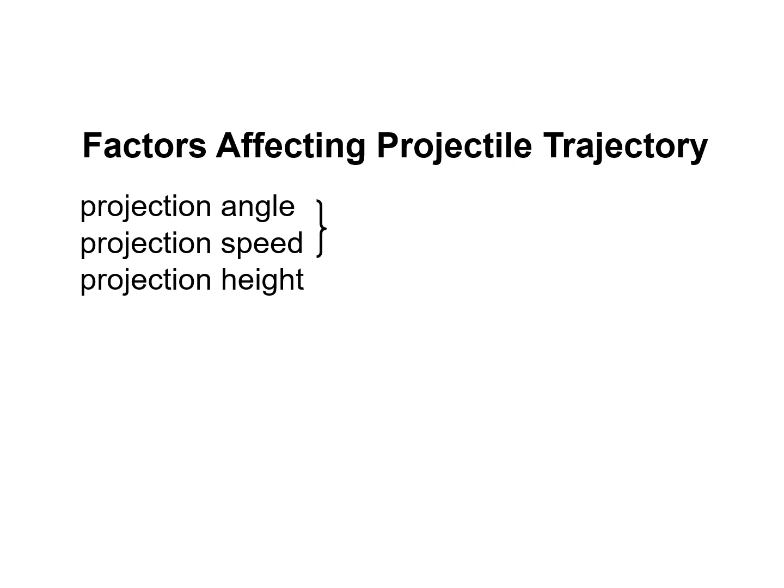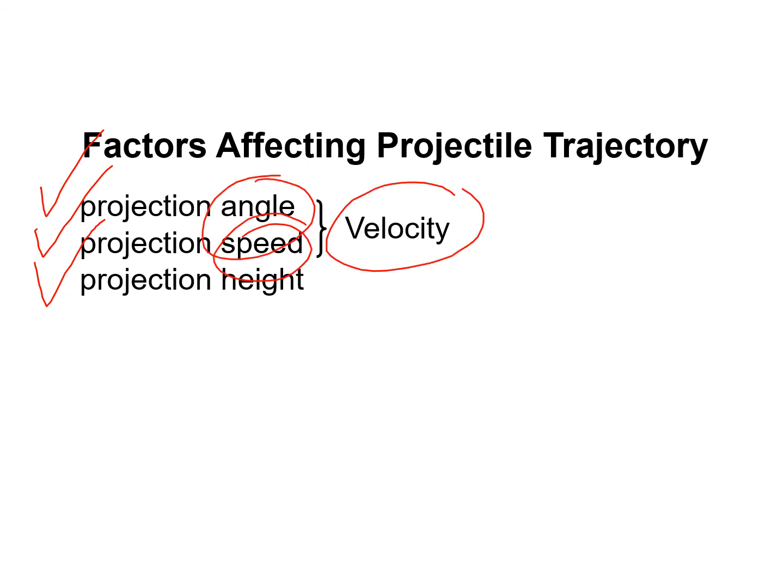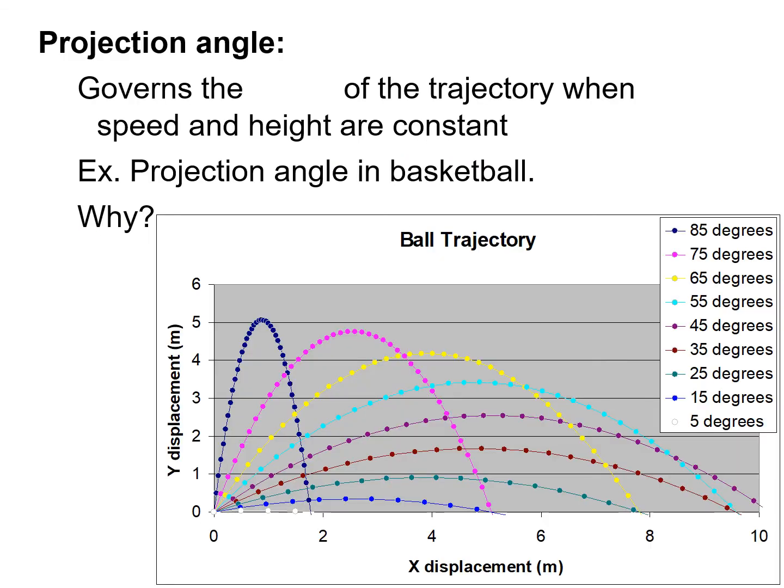So, factors affecting projectile trajectory. We consider our projection angle, projection speed, and projection height. Angle and speed determine our projection velocity. So let's look at our projection angle.